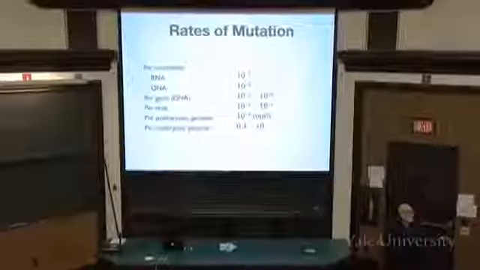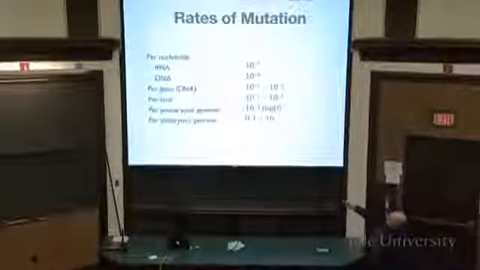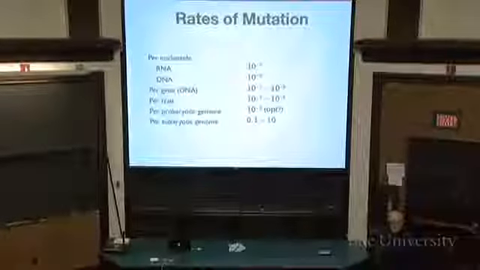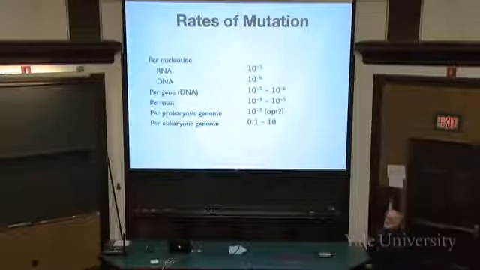These are some representative mutation rates, and it's good to have some general framework to think about. You know, how frequent is a mutation? So the per nucleotide mutation rate in RNA is about 10 to the minus fifth. In DNA, it's 10 to the minus ninth.